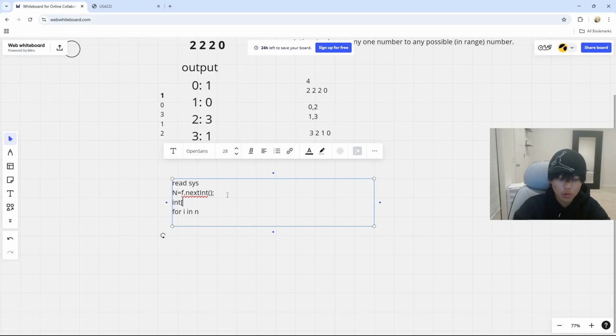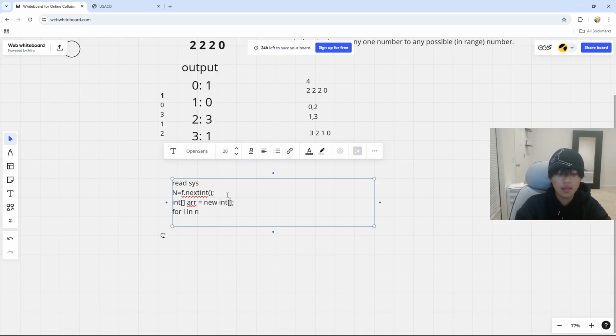I'm actually going to have an array where the index represents the number and the value at the index represents the quantity. So int, let's just call it array, or ARR, new int.